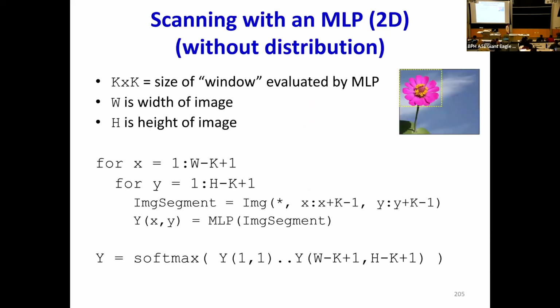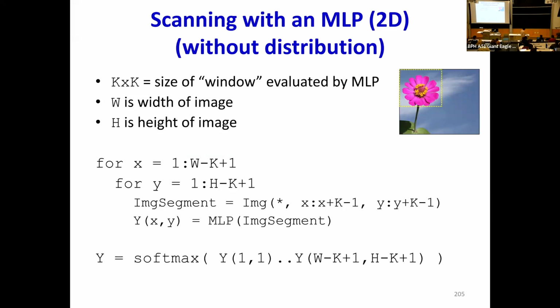So if I look at the pseudocode, what changed? Earlier, we were scanning the input, and at each location, we were going through layers. The first layer looked at the entire window, so I had special logic for the first layer.